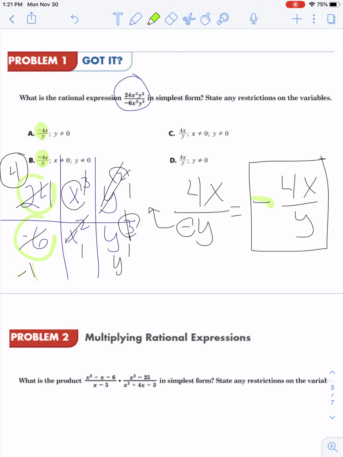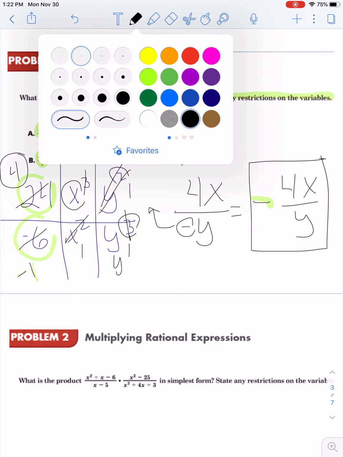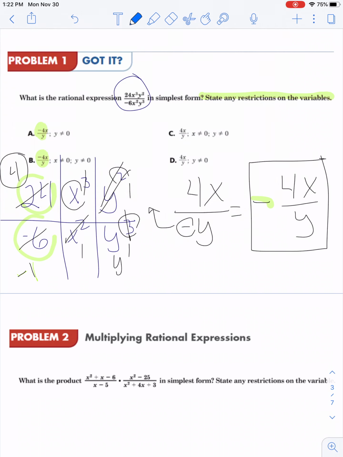But notice the restrictions. Oh, we forgot the restrictions. No, we just haven't done them yet. As I look at the restrictions on this, again, you're looking in the denominator. Let's go back up here. There are 2 types of variables, x variables and y variables. Well, x can't go to 0 because if x equals 0, then it would drive that whole thing to be 0, so x cannot equal 0.